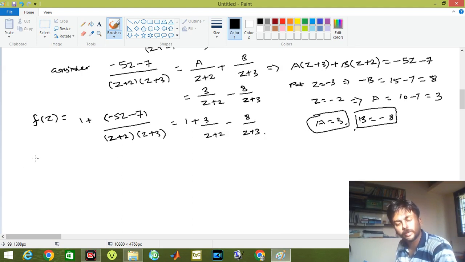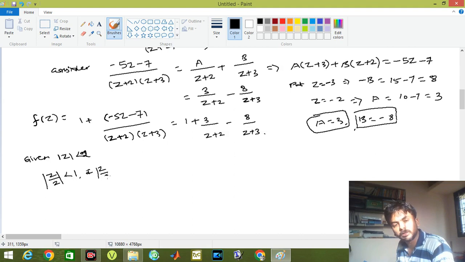So they have given the region modulus of z less than 2. If it is modulus of z less than 2, what will happen? Modulus of z by 2 will also be less than 1, as well as modulus of z by 3 will also be less than 1.